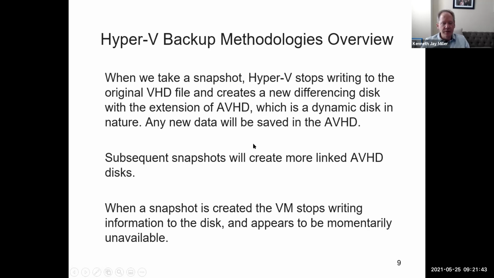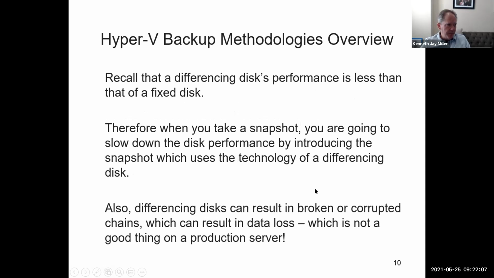In our environment, the way we're doing it, we're doing it for speed, right? That's why we make the child and parent. You want to make sure that we try to stay away from these checkpoints. Now, when a checkpoint is created, the VM stops writing information to the disk and appears to be momentarily unavailable, but it's actually saving everything in memory.